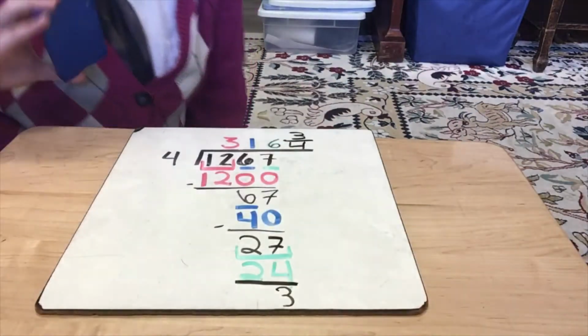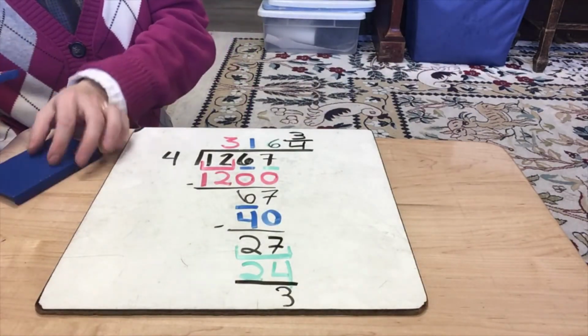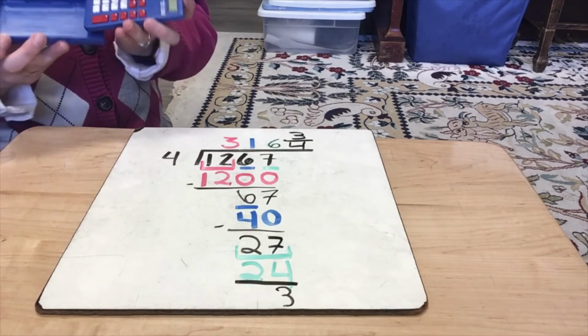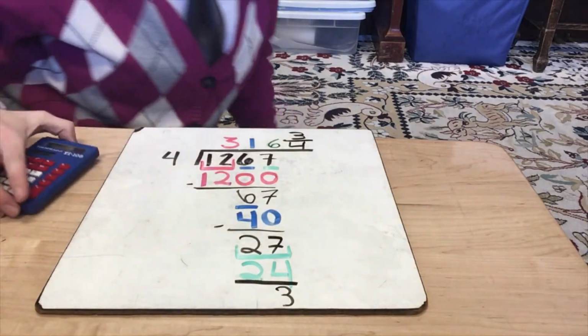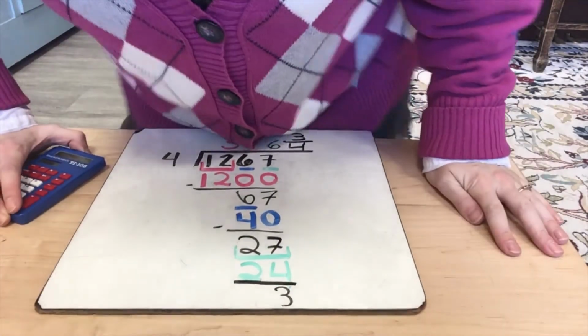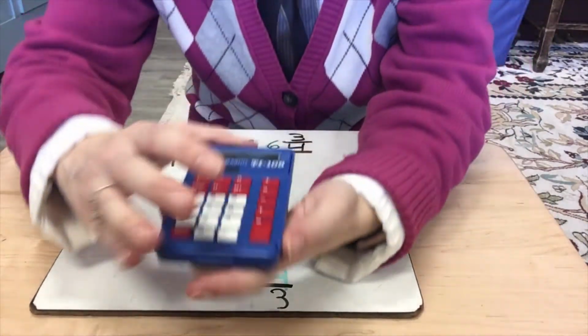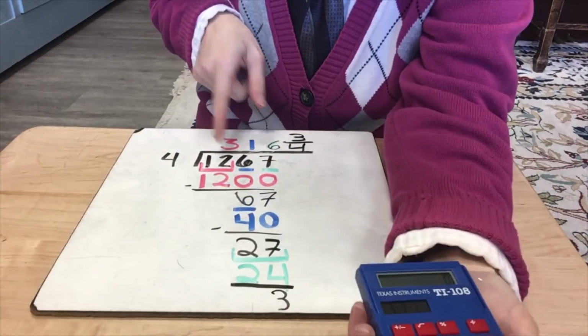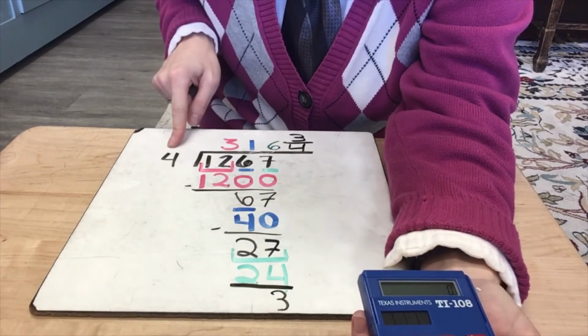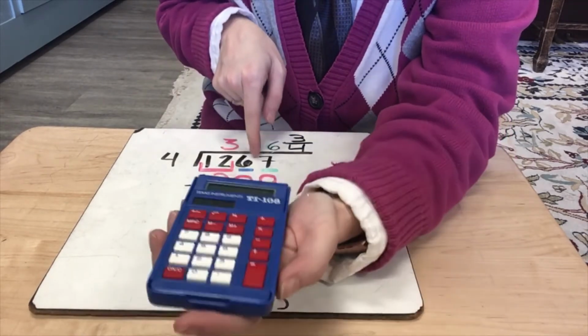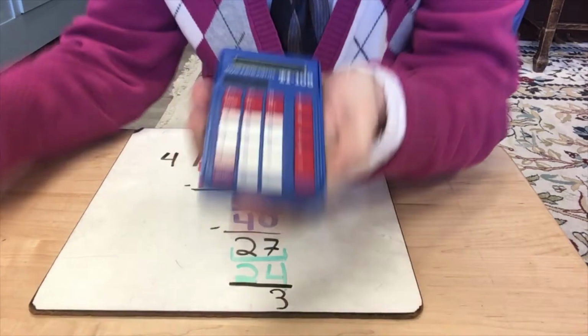Now the next thing that I want to demonstrate is how you can check your answer using a calculator. Now the first thing you have to remember is that order matters in division. This is said 1,267 divided by 4. I have to make sure I put this number into my calculator first.